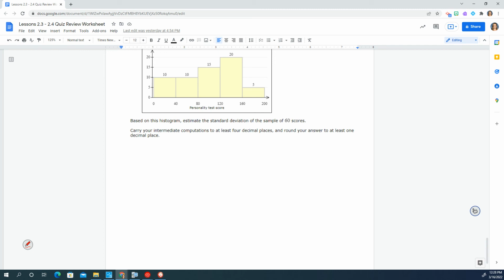We're just given classes or intervals, and we know how many people responded within that interval. So we will have to calculate the midpoints. These ones are easy to calculate. So we got 20, 60, 100, 140, and 180 are the midpoints.